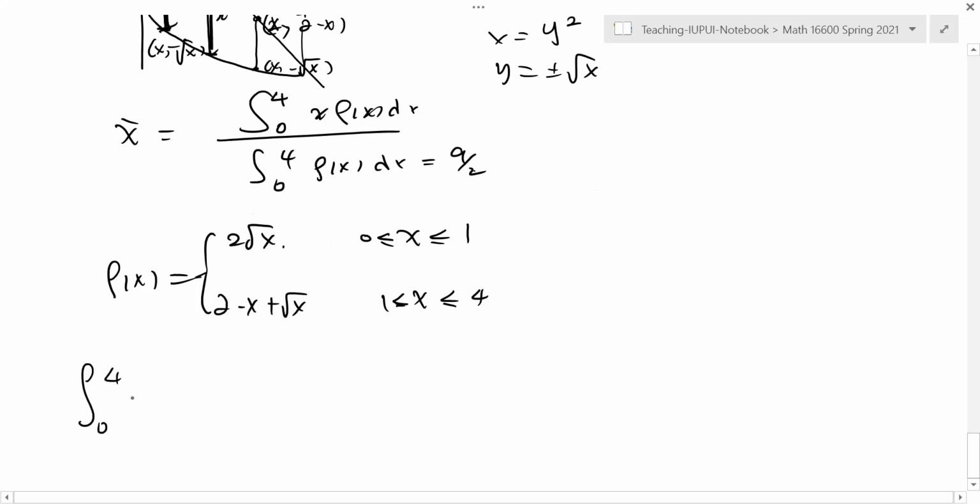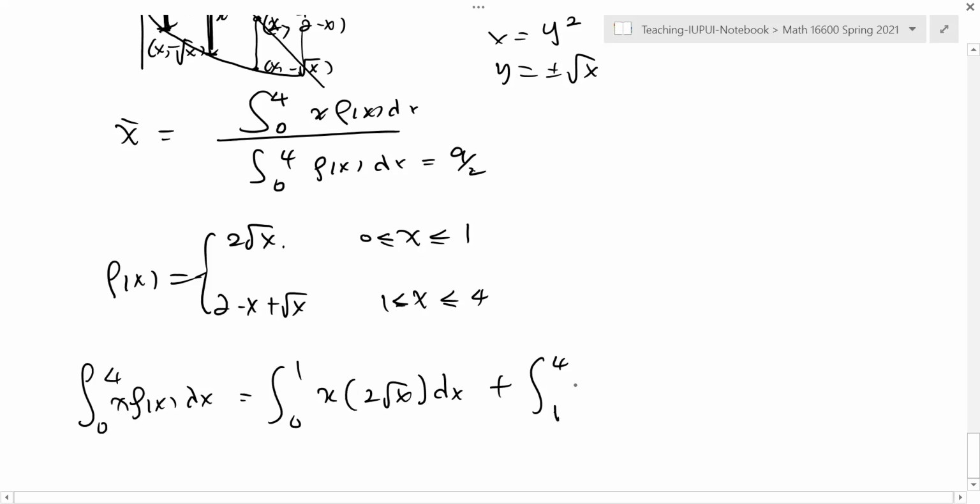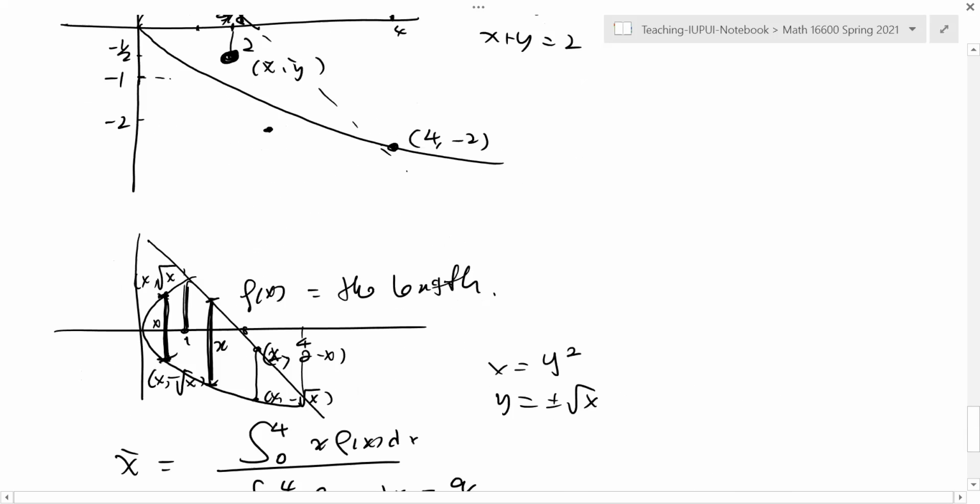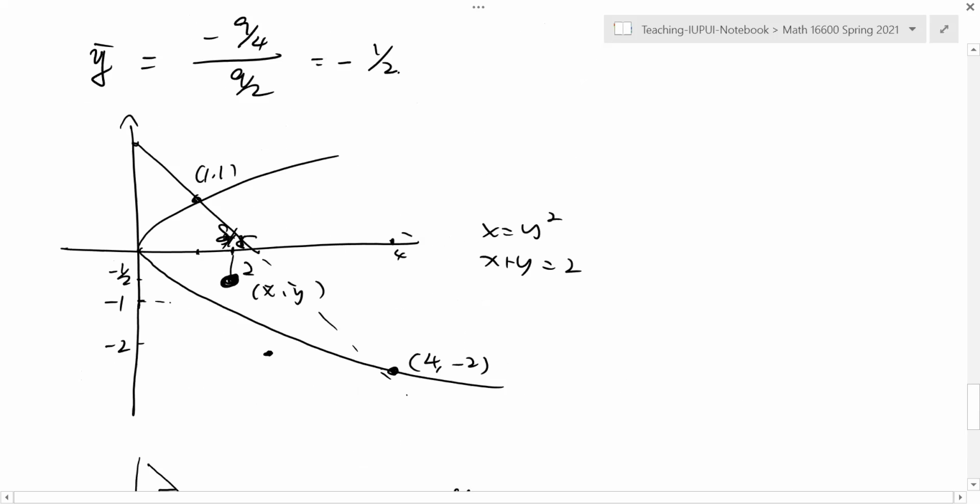In order to evaluate this integral, you just evaluate it from 1 to 4, with x times 2 minus x plus square root of x dx. I guarantee you will end up with the same integral.